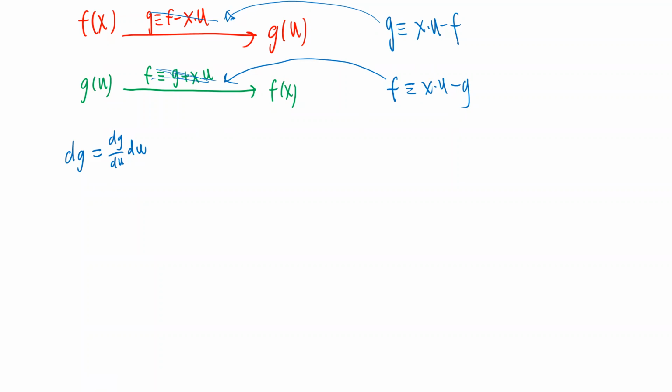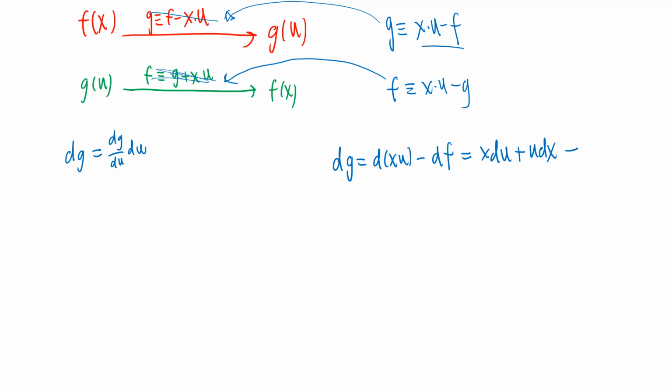On the other hand, the form of g is this one. If I just take the total differential directly, then dg would be d(xu) minus df, and that would be x du plus u dx minus df. But what is df?